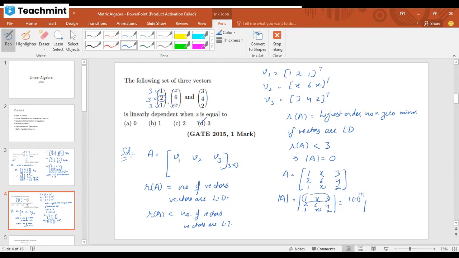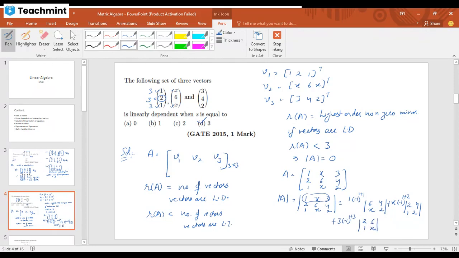Excluding this row and this column, we have 6, x, 4, 2. The second element is 2 and its sign is minus 1 raised to the power 1 plus 2. Excluding the first row and second column, we get the minor x, x, 3, 2. And the third element is 1, with sign minus 1 raised to the power 1 plus 3. Excluding the first row and third column, we get x, 6, 3, 4.